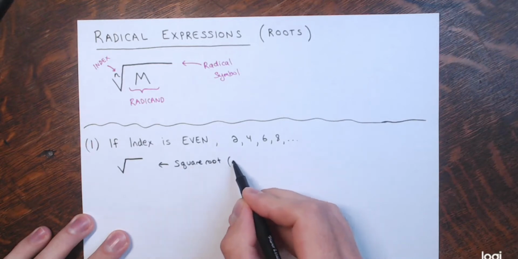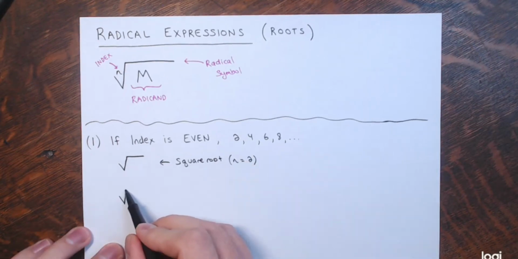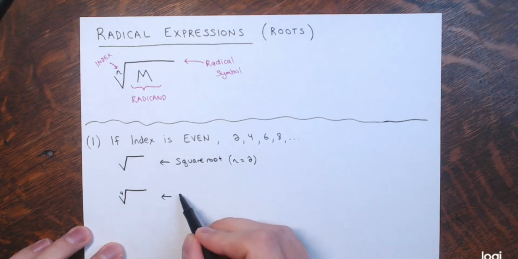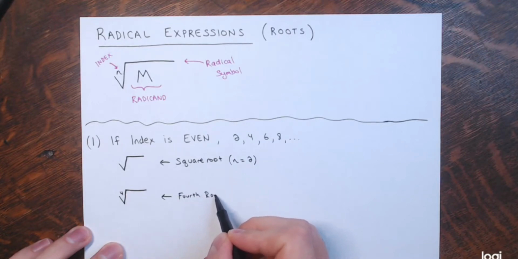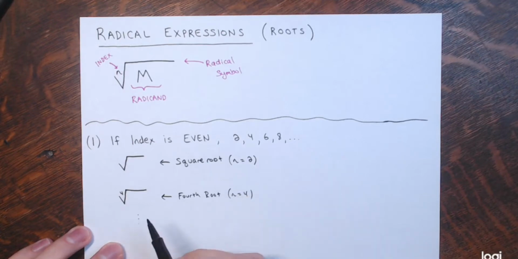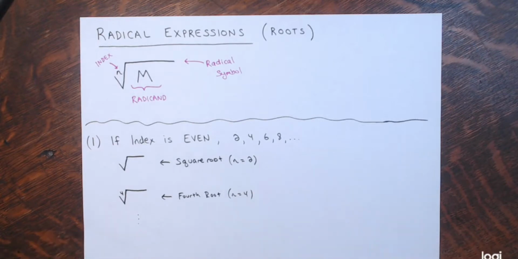The index equals 2. But any higher root, you're going to see a little number here. If there's a 4 there, that's the 4th root. N equals 4, the index is 4, and so on. You'd see 6th root, 8th root, 10th root, etc.